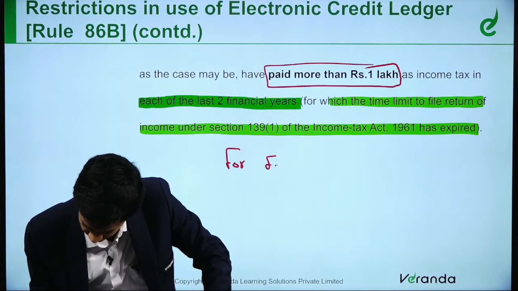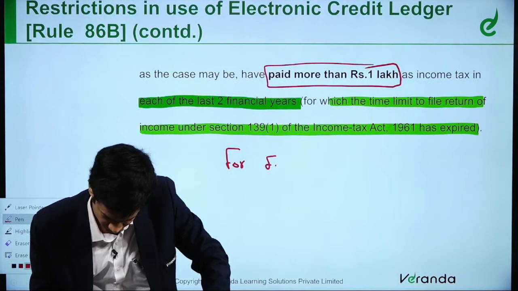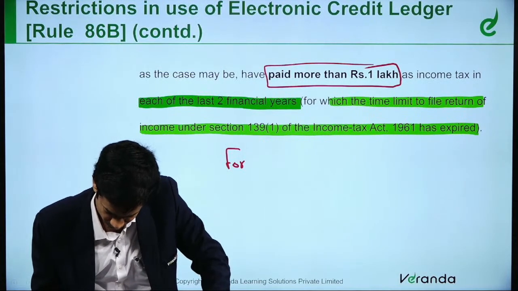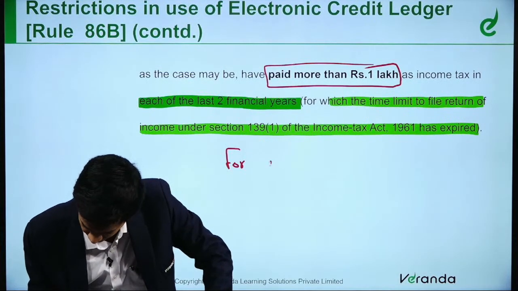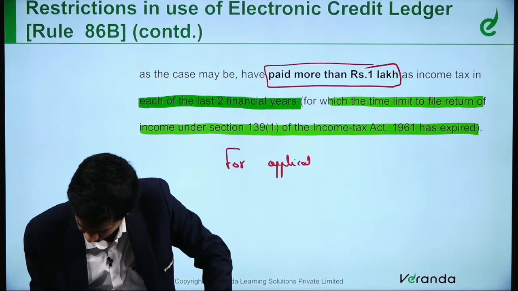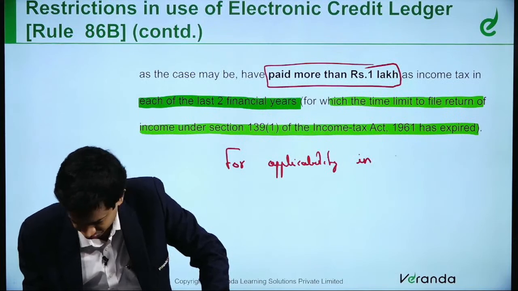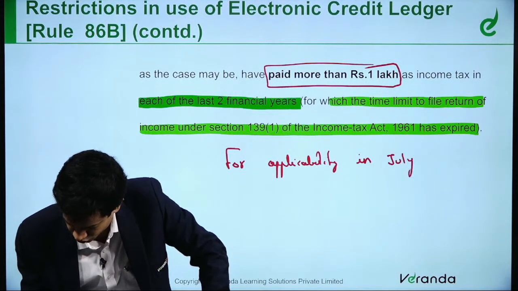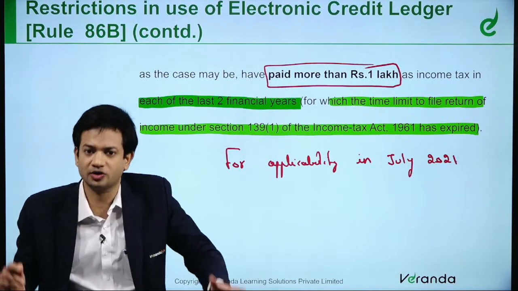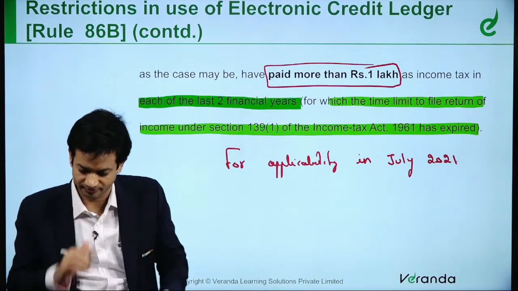For applicability in, let's say, July 2021. So let's say you are in July 2021. Now you are checking the applicability.